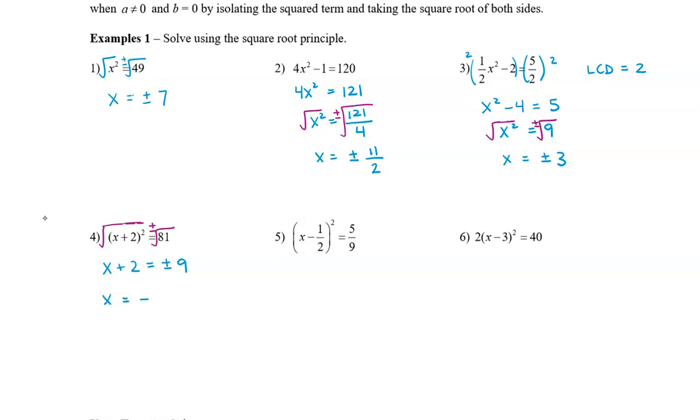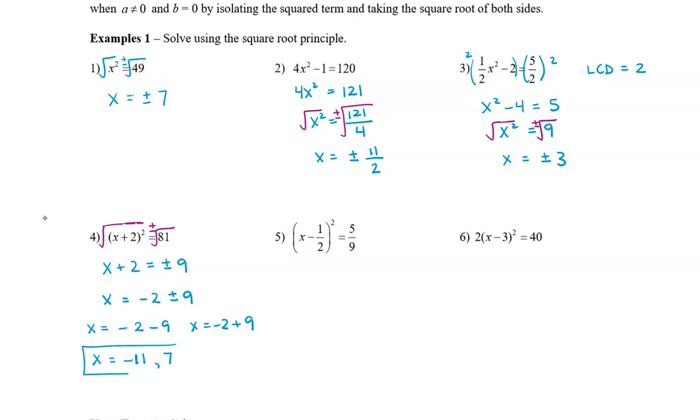So now we have negative 2 plus or minus 9. So notice the plus or minus belongs to the 9. And we're going to solve these 2 little equations. So we have x is equal to negative 2 minus 9. And we also have x equals negative 2 plus 9. So in the first one, we're going to have negative 11. And then in the second one, negative 2 plus 9 is 7.